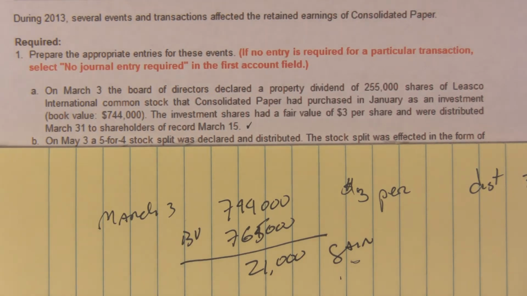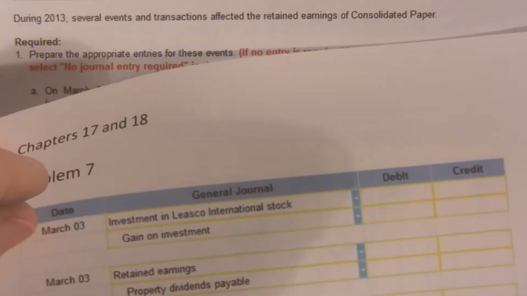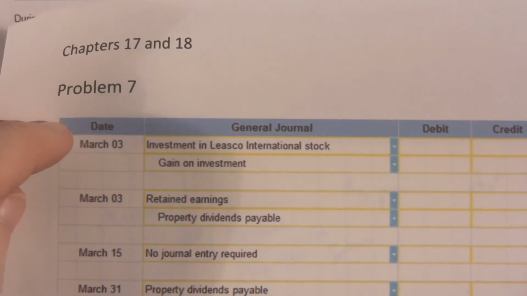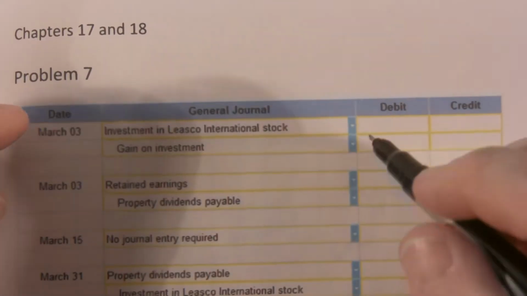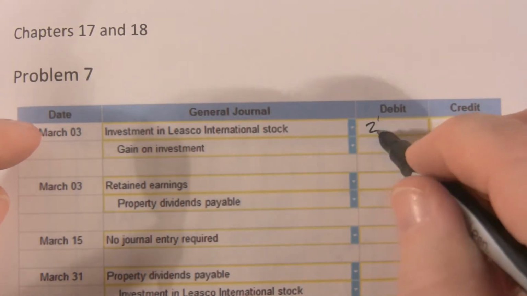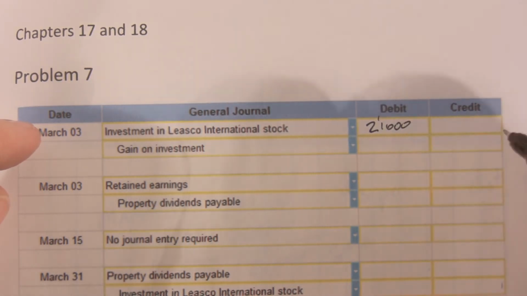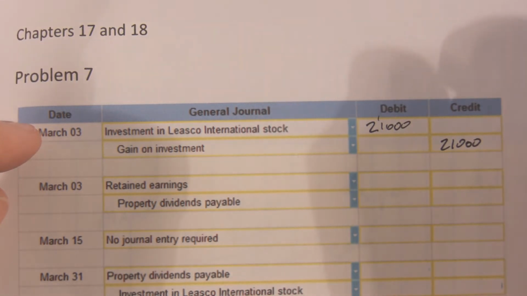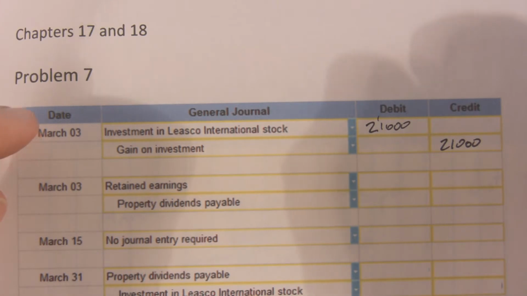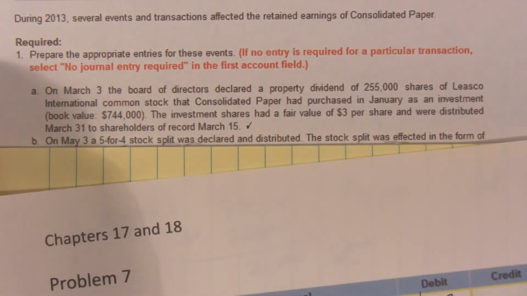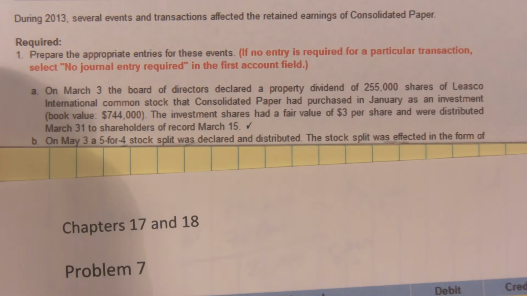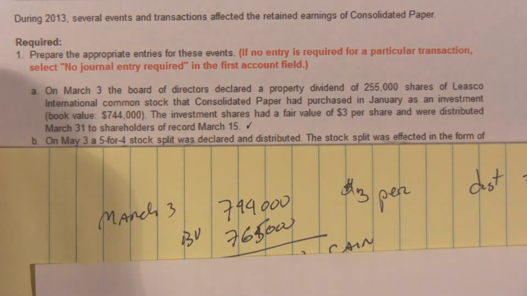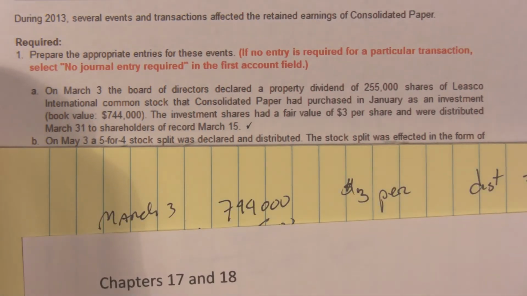So there's our first journal entry. I have to increase my investment by $21,000, and I have to recognize a gain of $21,000. Now March 3rd is the declaration date.